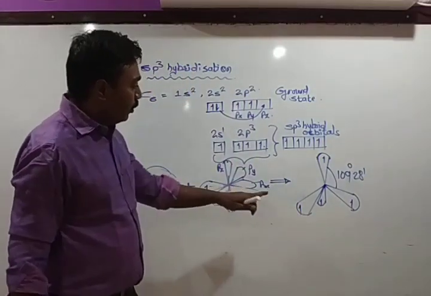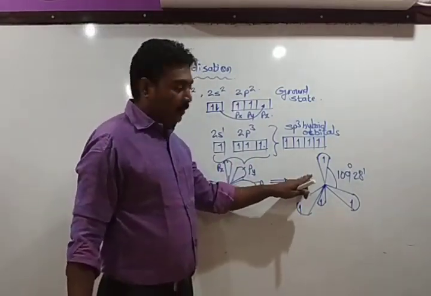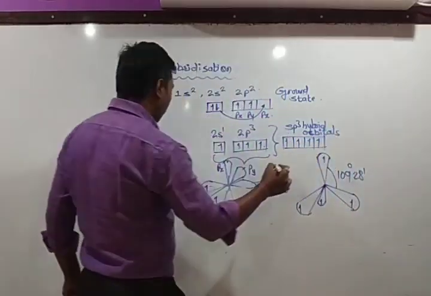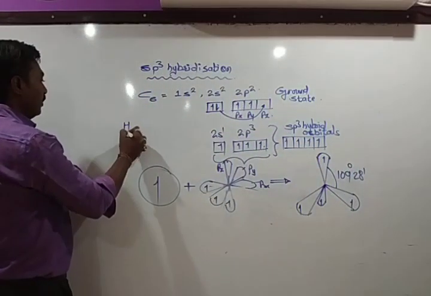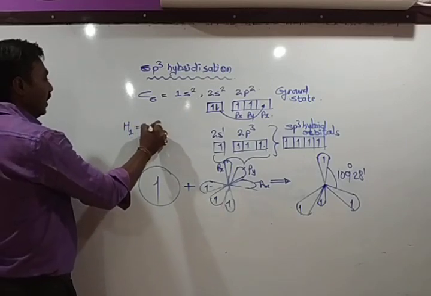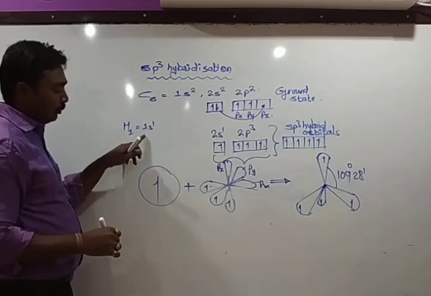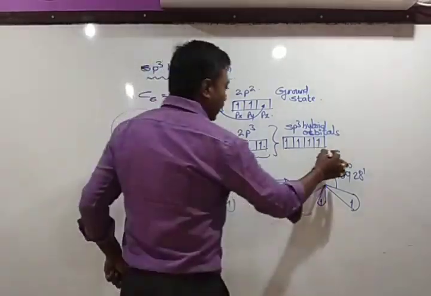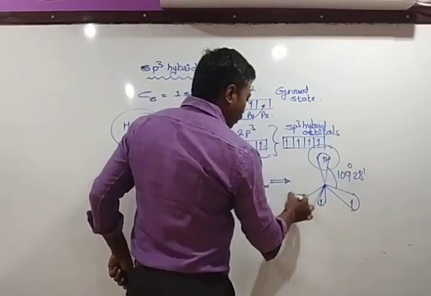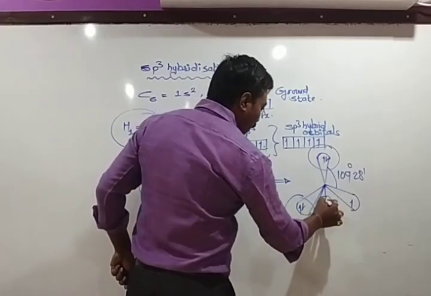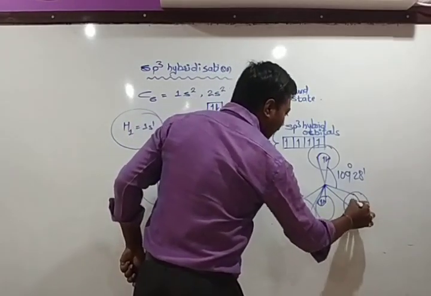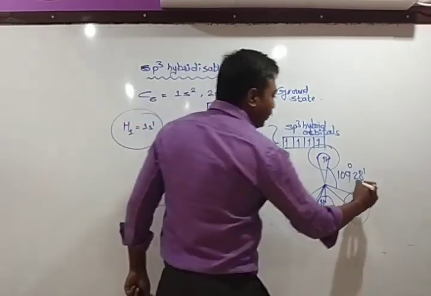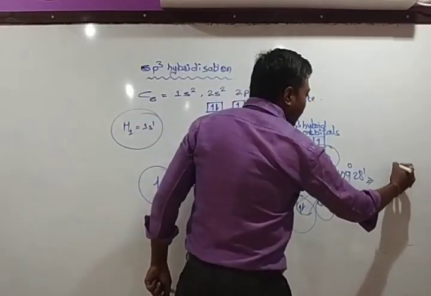Now if this sp3 hybrid carbon approaches hydrogen atoms, hydrogen has electronic configuration 1s1, it contains only one electron in the s orbital. So the s orbitals of four hydrogen atoms overlap with these four sp3 hybrid orbitals and a methane molecule is formed.